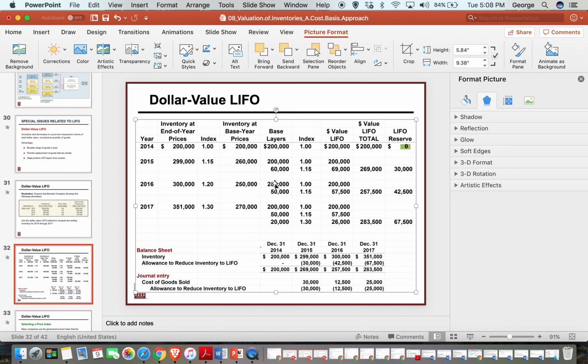That 60,000 layer does not exist anymore. We burned through that, so we don't see it here. And then the 50,000, I've got that for 2016. I multiply that by 1.15 and get 57.5 for that one.